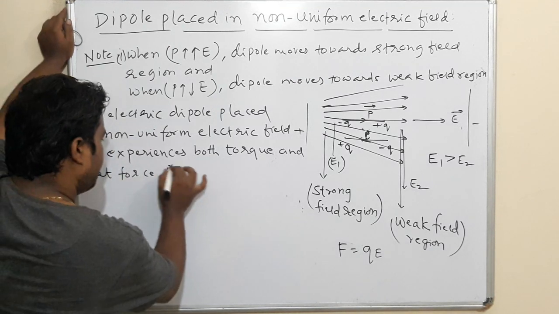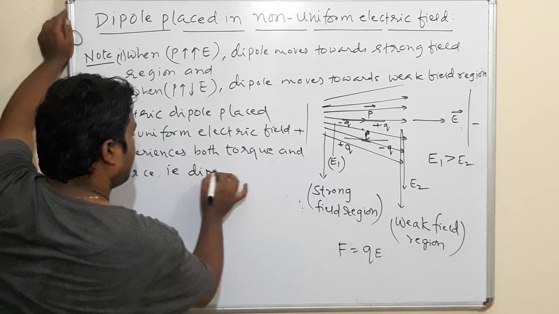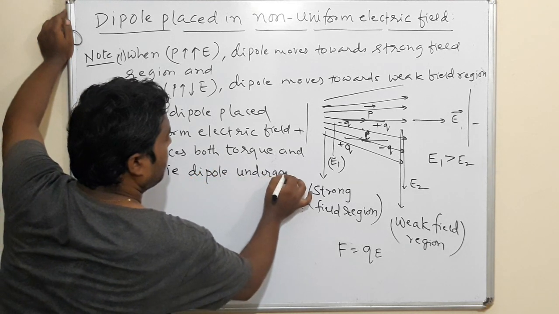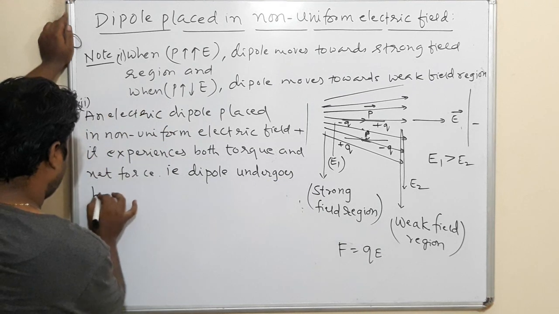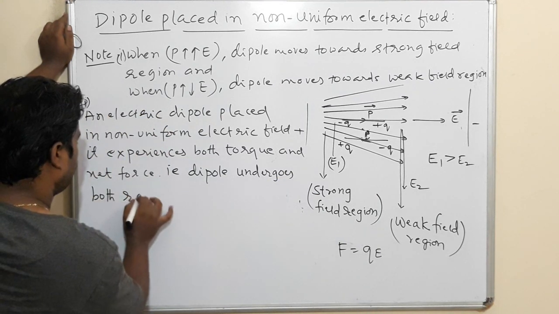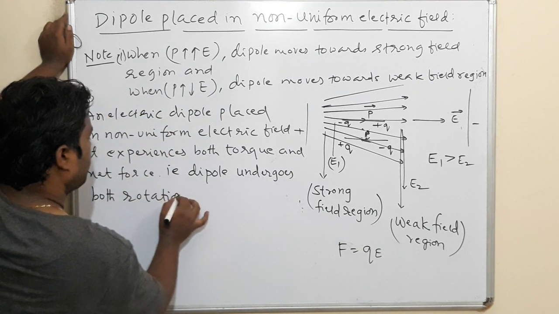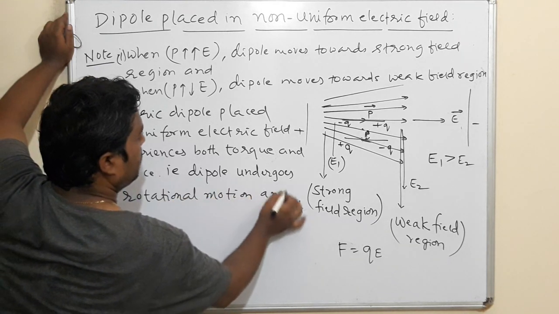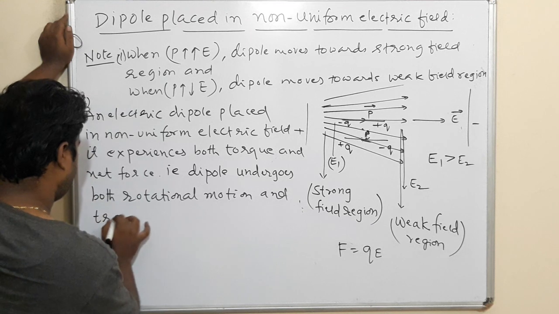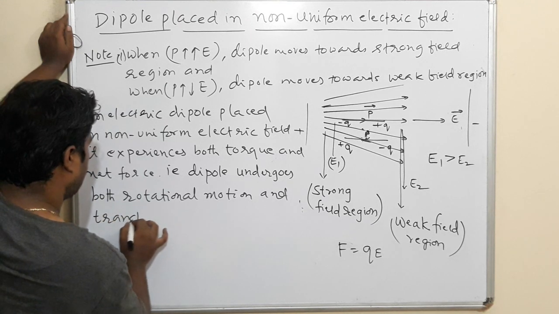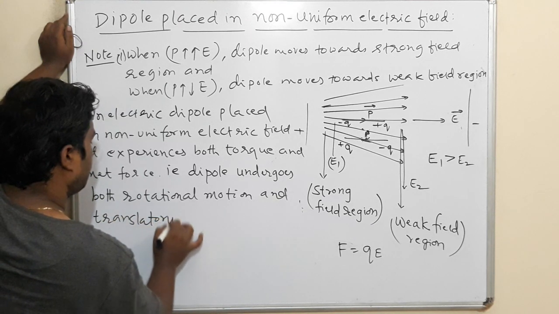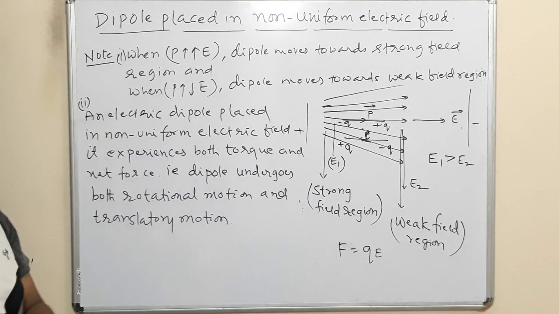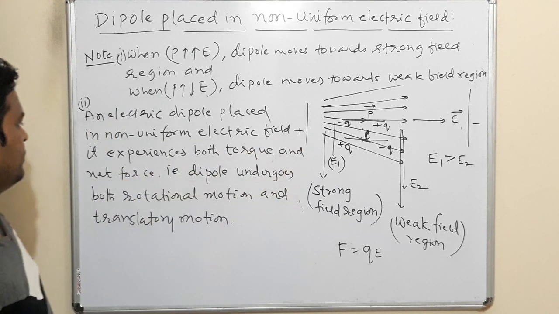That is, the dipole undergoes both rotational motion and translatory motion. Translatory motion means straight line motion, moving towards one side.